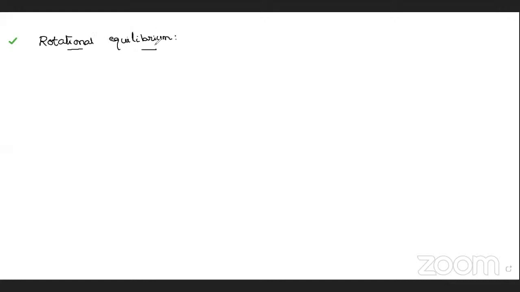Equilibrium means net equals 0. If it is a translatory equilibrium, in the laws of motion chapter we discussed net force is equal to 0.